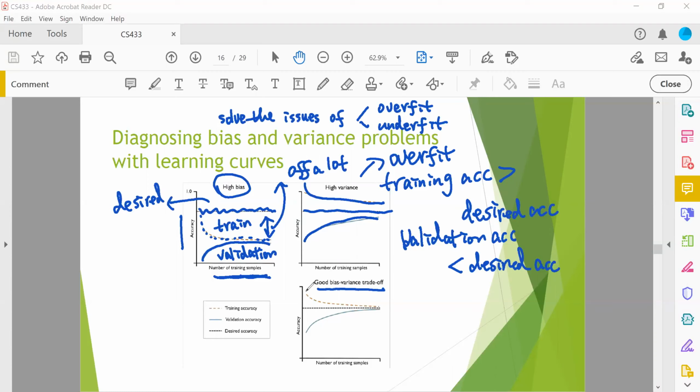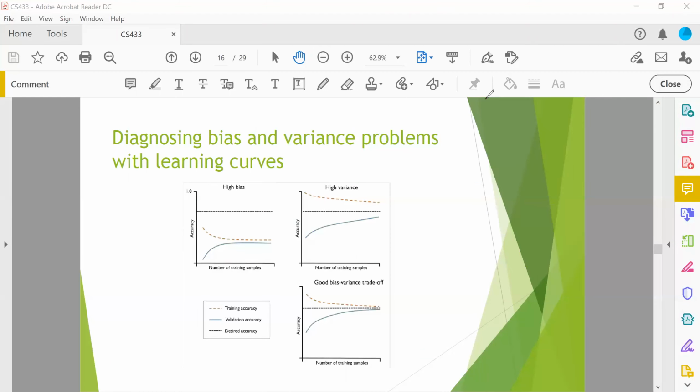Both your training accuracy and your validation accuracy approach each other and also the desired accuracy. So in this case, you have the bias and variance trade-off balanced very well. That's regarding the balance of variance and bias.